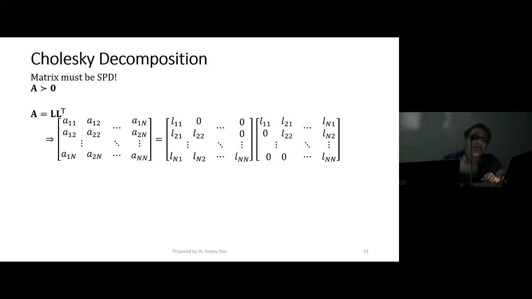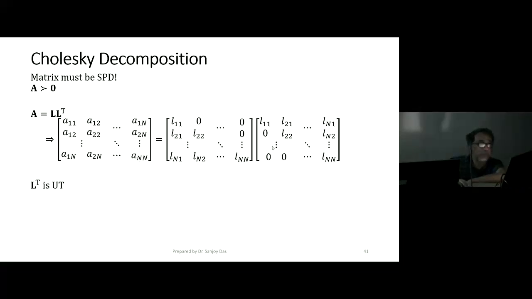If it's positive semi-definite, then one or more of the eigenvalues would be 0. So that's one way to look at what I just said. This has to be full rank. A equals LL transpose. This is what Cholesky decomposition accomplishes.